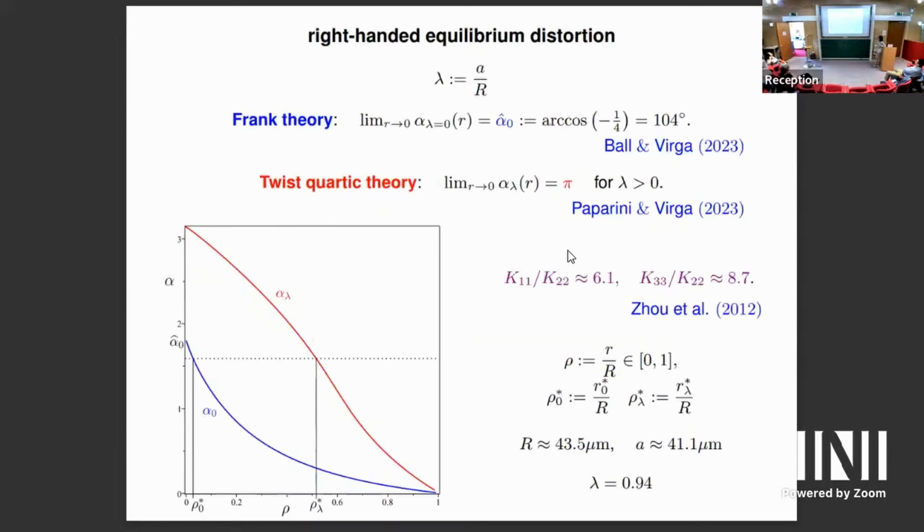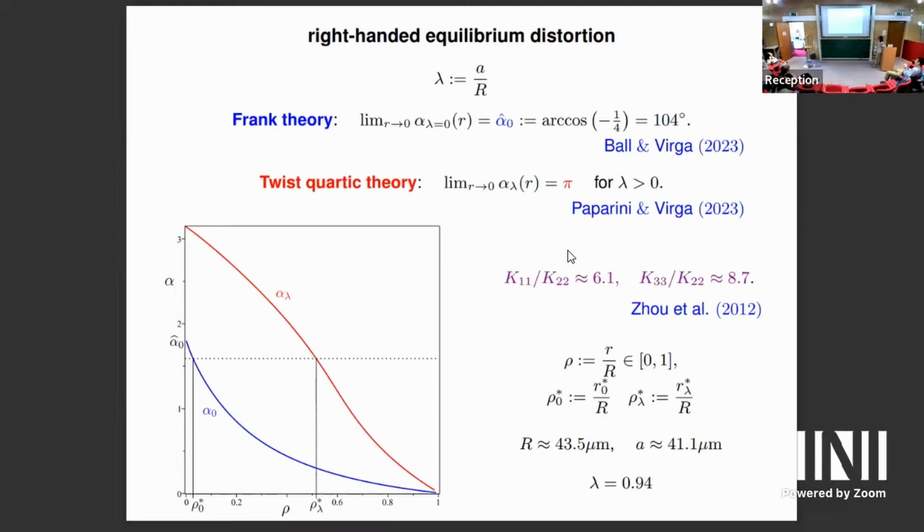The value of A is that estimated for the samples, and lambda is 0.94. For sunset yellow, in the physical conditions of the experiment, the ratio of the elastic constants is that. And we plot the two minimizing twist angles: in the quartic theory in red and in the quadratic theory in blue.